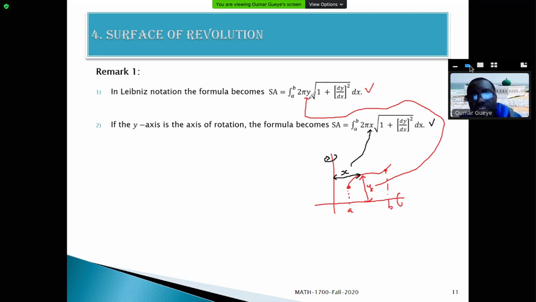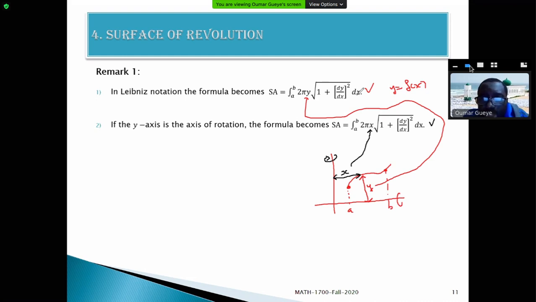For both cases, under the square root it's exactly the same thing: dy by dx. The reason is the function is in terms of x, so in both cases we have y equal to f of x. That's why the derivative is in terms of x and the integral is with respect to x.